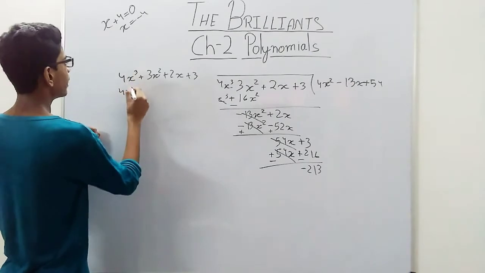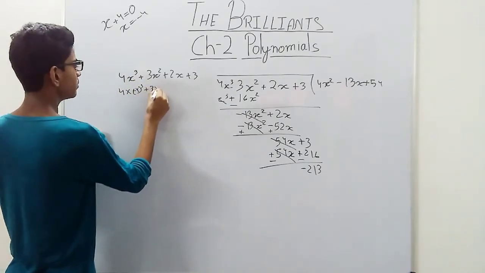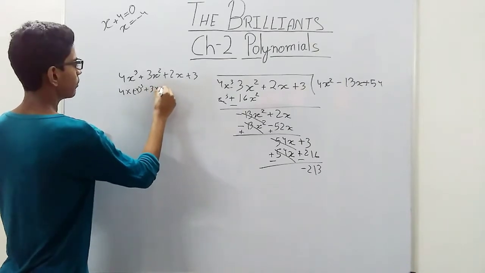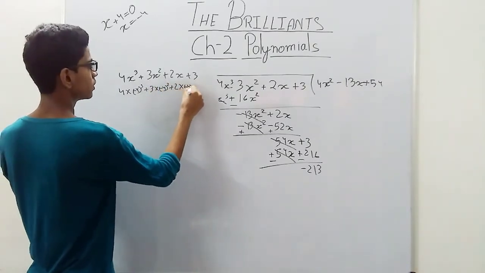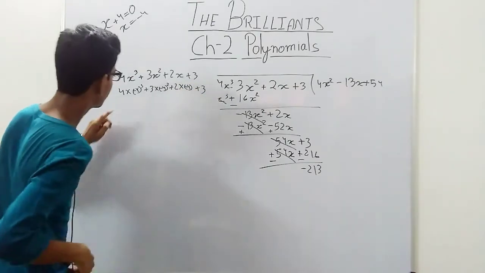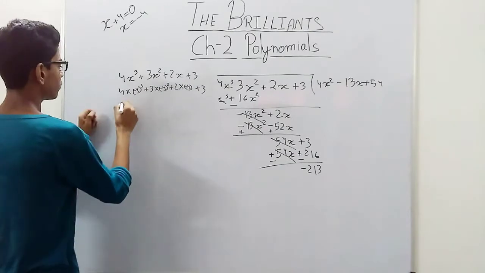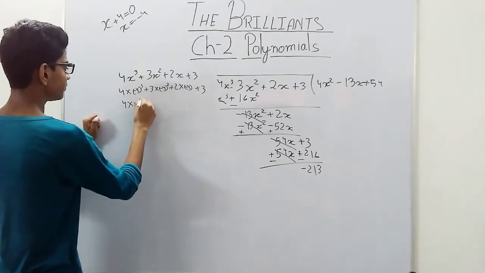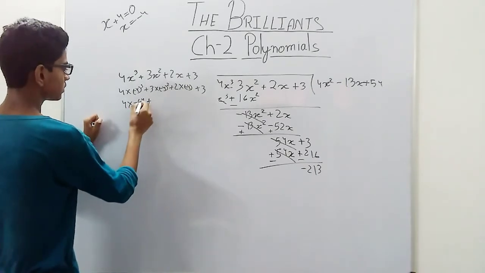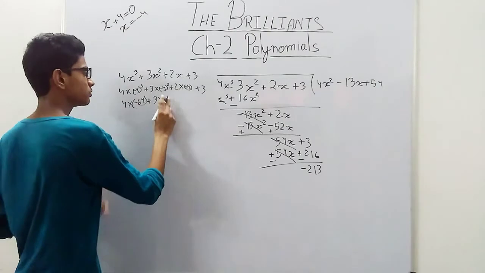4 multiplied by minus 4 whole cube plus 3 multiplied by minus 4 whole square plus 2 multiplied by minus 4 plus 3. Okay, now 4 fours are 16, 16 fours are 64, but this sign will be minus because it is a cube, plus 3 multiplied by 16, the sign will be plus because it is a square.